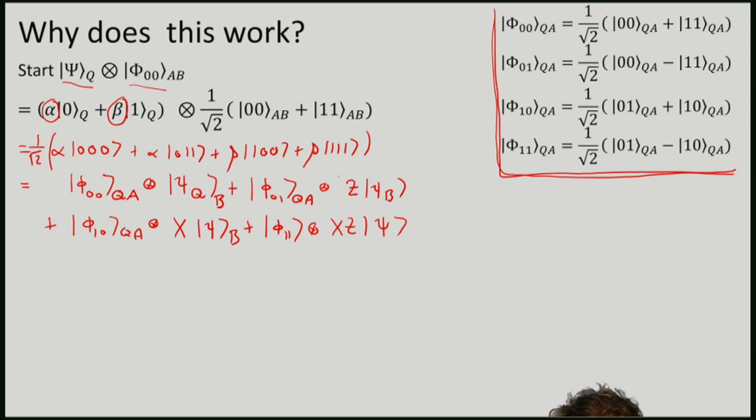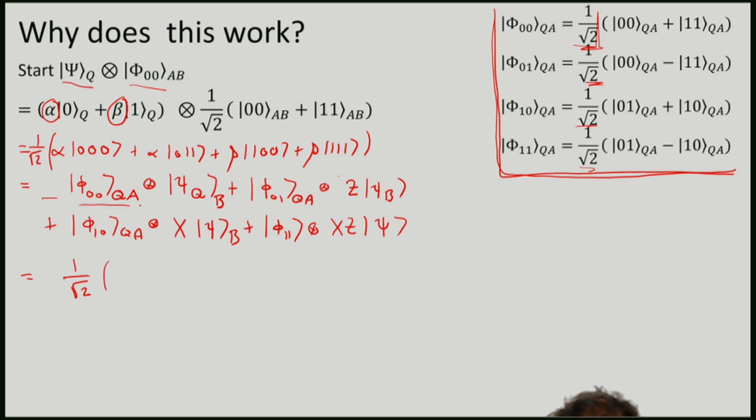So to convince ourselves that this is true, up to some normalization we'll fill in shortly, let me just take these and write them out again. So I have a 1 over square root 2 in front, because it appears in all the Bell states. And then what do I have here?